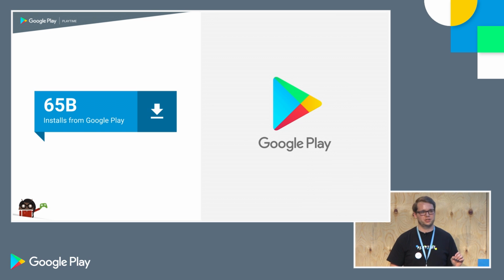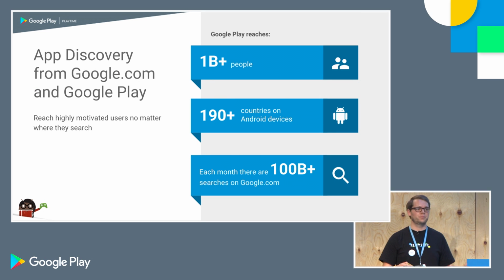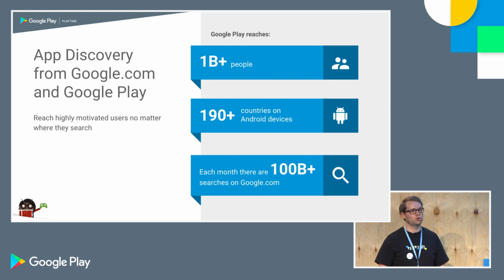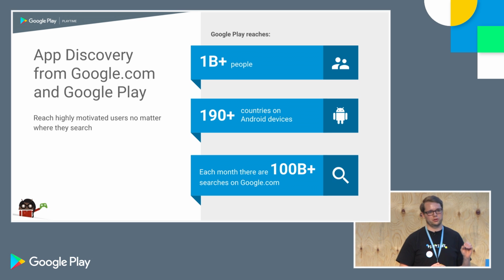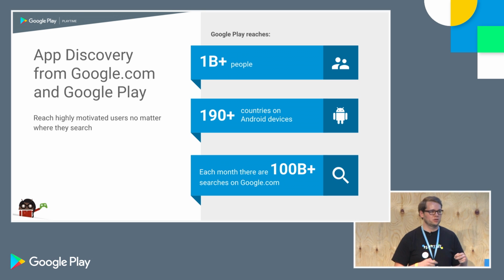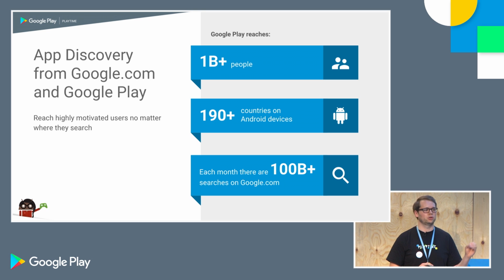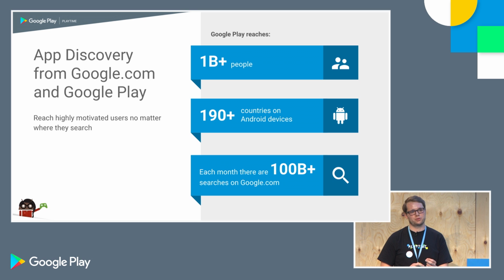But the vast majority of installs still comes from search. There are more than 1 billion users on Google Play in more than 190 countries, as you know already. And all these users search. On Google.com, there are each month more than 100 billion searches. So you can not only achieve success by reaching the users on Google.com, but also on the Play Store.